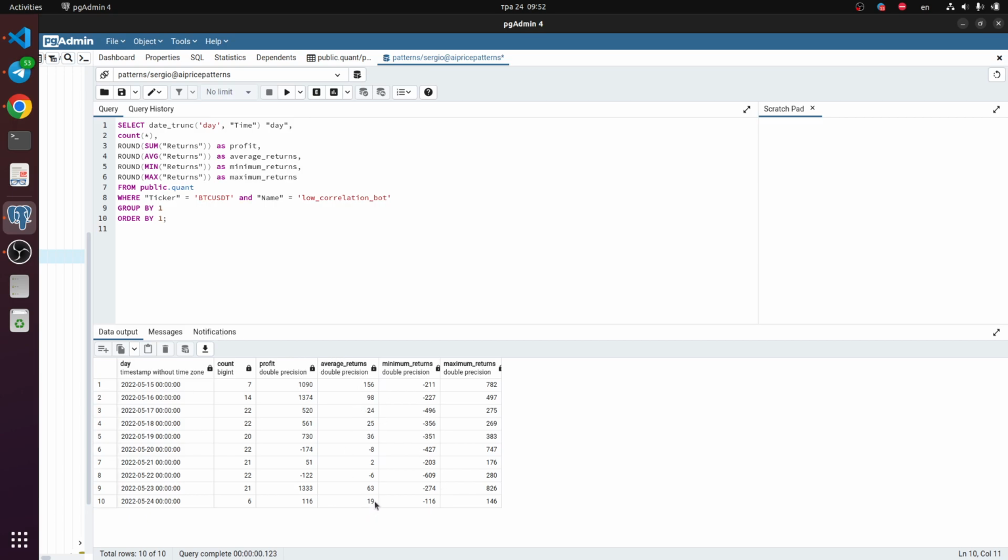Okay, we have some average returns. The maximum value of average return was on 15 May. This is some average returns, about 30 USDT. And you see we have some not profitable days on the 22nd and weekend.